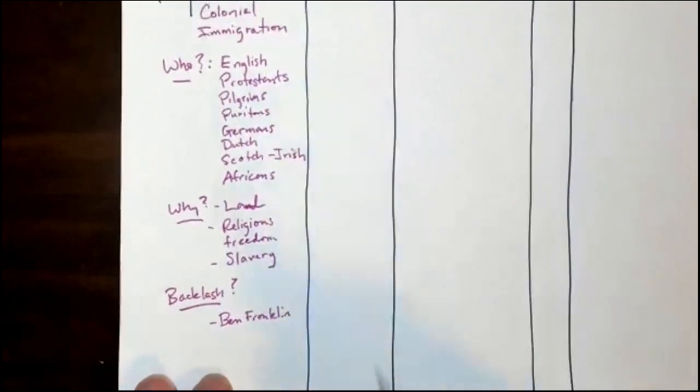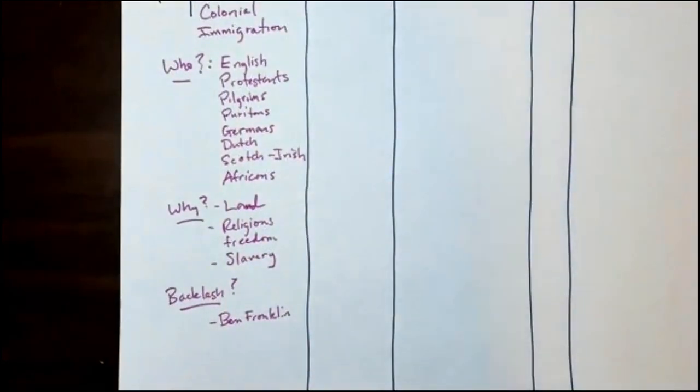Ben Franklin was actually worried in Pennsylvania about the growing number of Germans and the fact that Germans didn't assimilate into colonial culture. So that was a big concern for him. He voiced these concerns and wrote about them. It wasn't anything as extreme as what we're going to see later, but there were people who were concerned about immigrants even during this first colonial period.